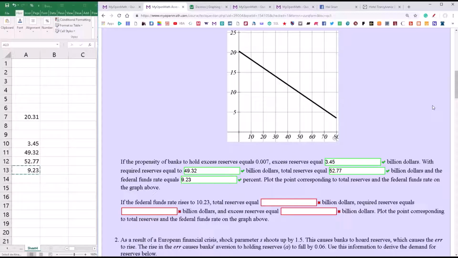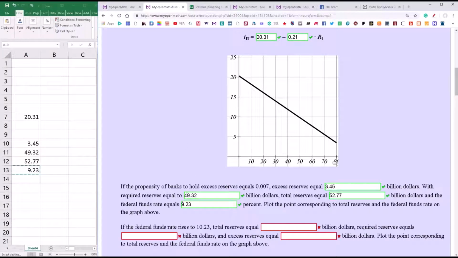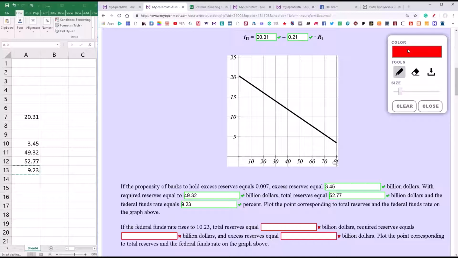If the federal funds rate rises to 10.23, what's going to happen? So this is a little different. So now we're saying that the federal funds rate rises to 10.23. So we've got to solve this equation for R, right? So I'm going to subtract 10.23 from both sides.